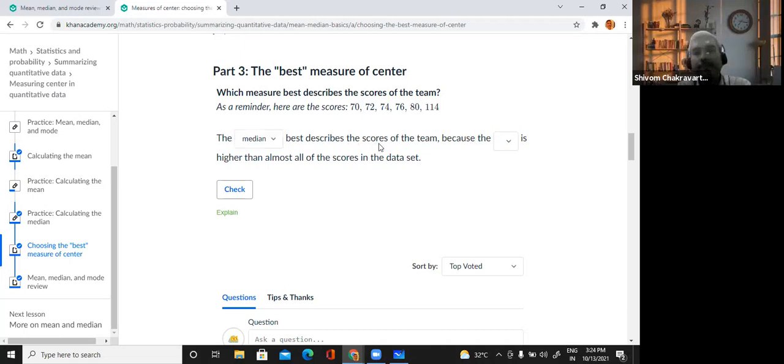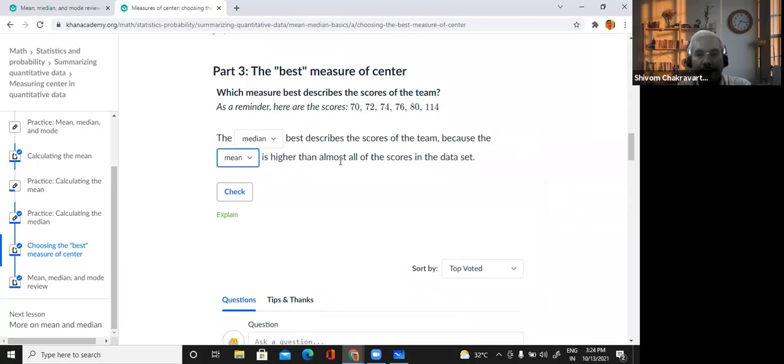So the median best describes the scores of the team because the mean is higher than almost all of the scores of the data set.